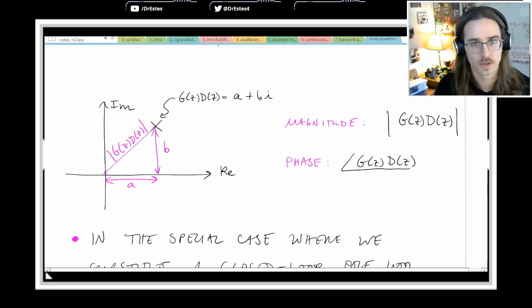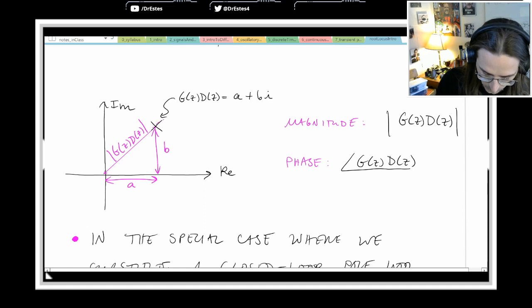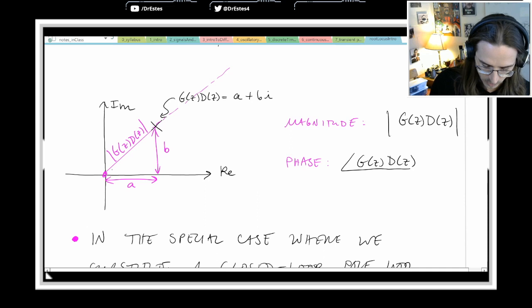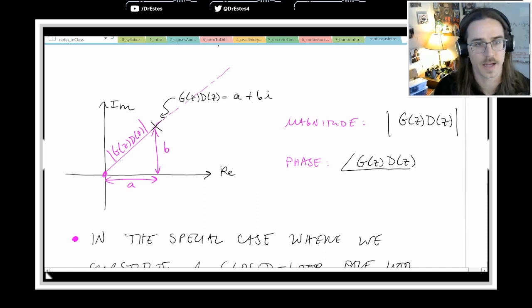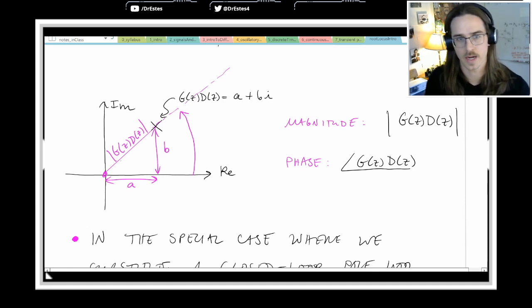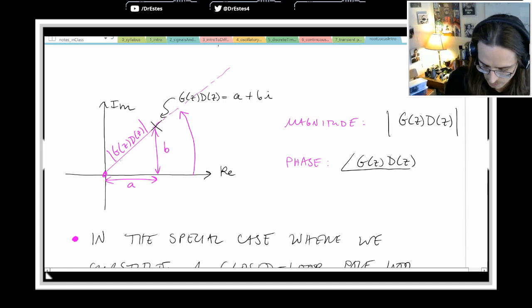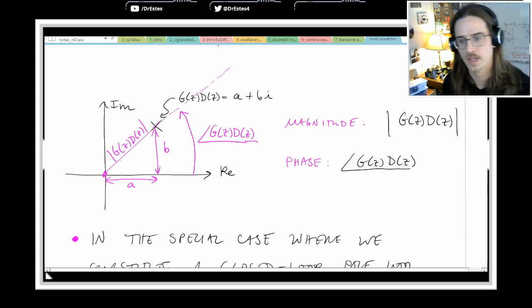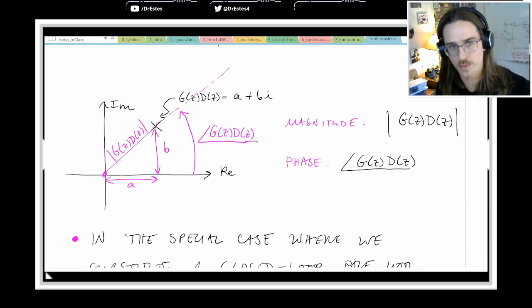The phase, we're familiar with this: if you draw a ray from the origin through that complex number, and find the angle from the positive real axis to that ray, going counterclockwise, this is the phase. So if we plug some value of z into the open loop transfer function, it'll generally evaluate to a complex number, and we can break that complex number into magnitude and phase.